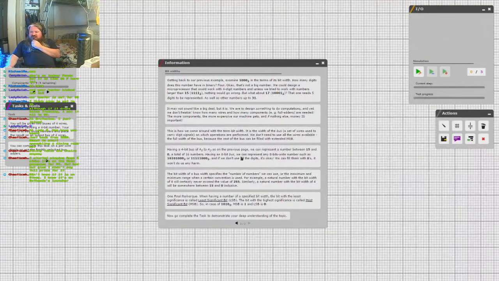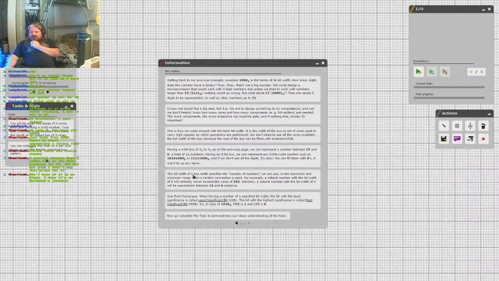Having an 8-bit bus, we can represent any 8-bit wide number such as 10101000 in base 2, or 11111000 in base 2, and we don't use all. And if we don't use all the digits, it's okay. We can fill them with zeros. It won't do us any harm.